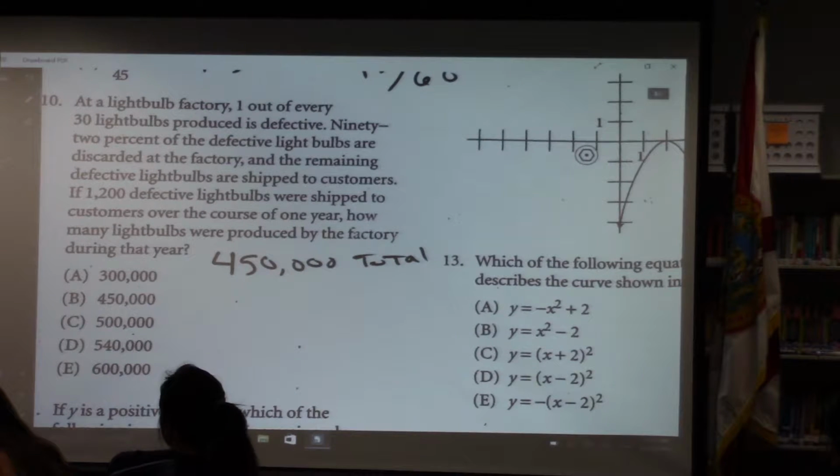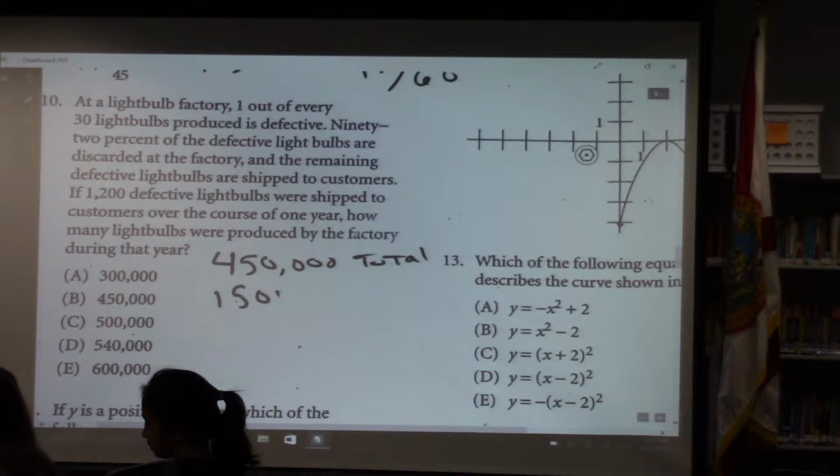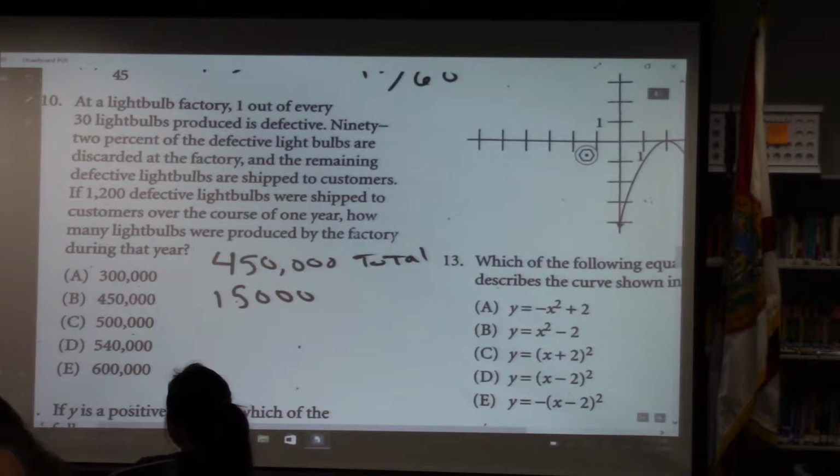So then what happens? It says 1 out of every 30 light bulbs produced is defective. So how many are defective, guys? 1 out of every 30. 15,000 are defective. Good. Now, it says 92% of the defective light bulbs are discarded.